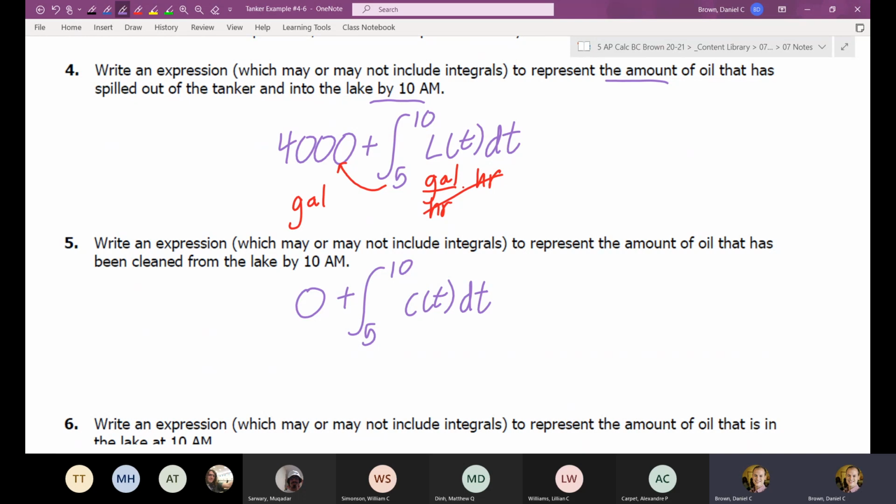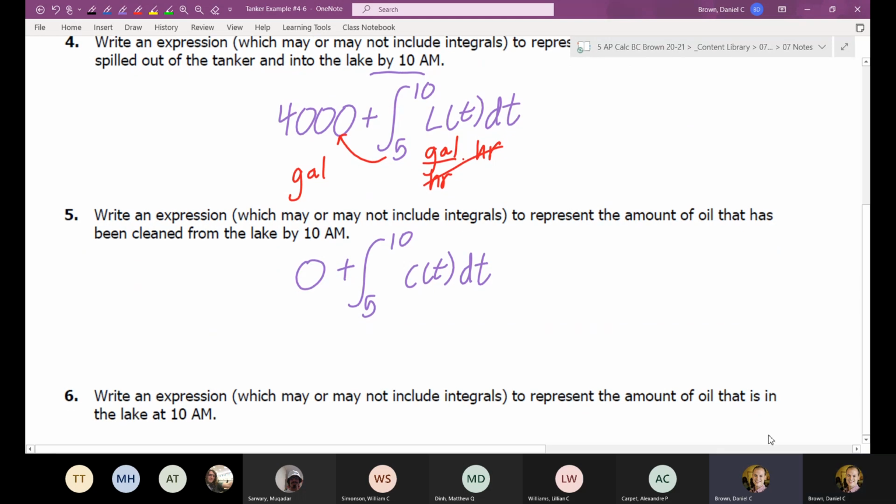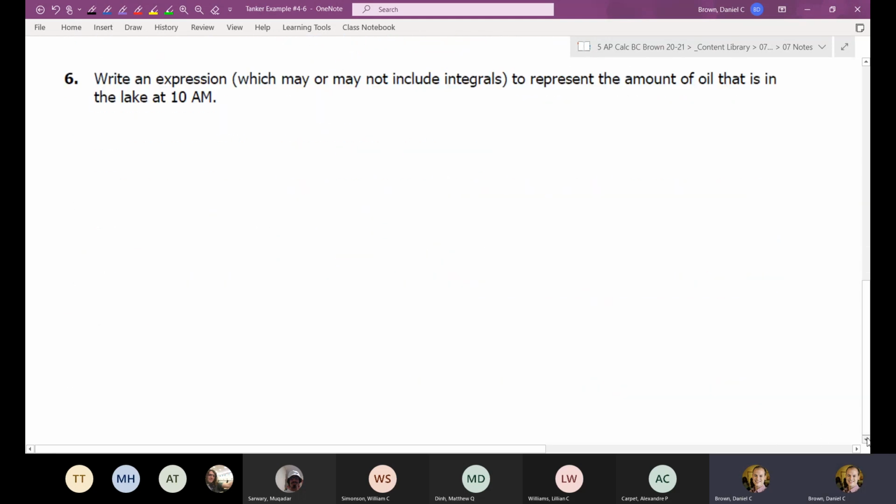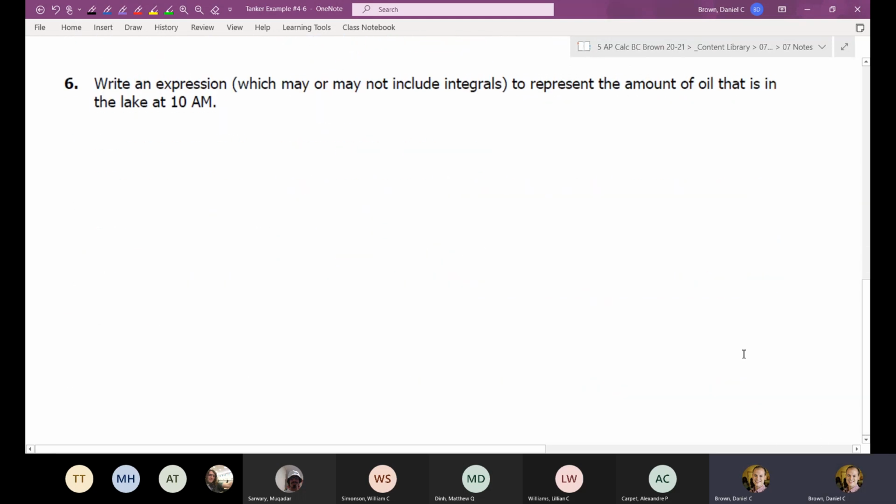And then 6 is going to put these answers together. So write an expression which may or may not include integrals to represent the amount of oil that is in the lake at 10 a.m. If I'm thinking about the amount of oil in the lake at 10 a.m., we have basically the amount that has gone in minus the amount that has been taken out.